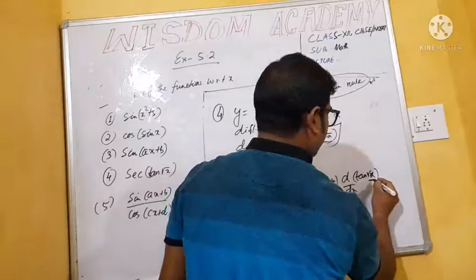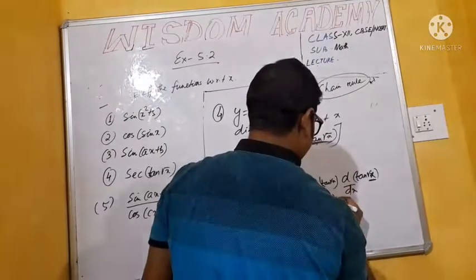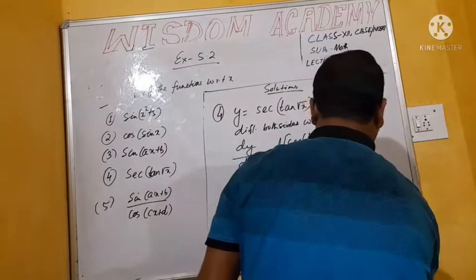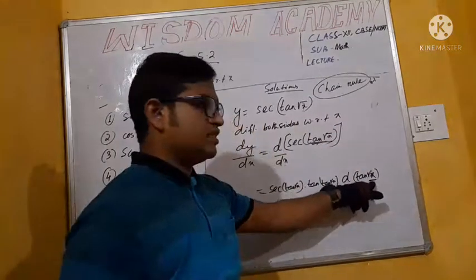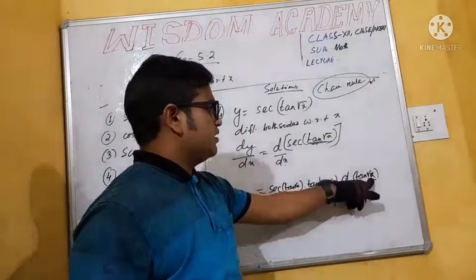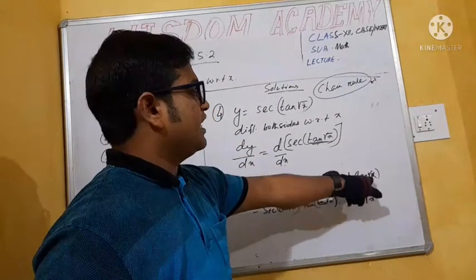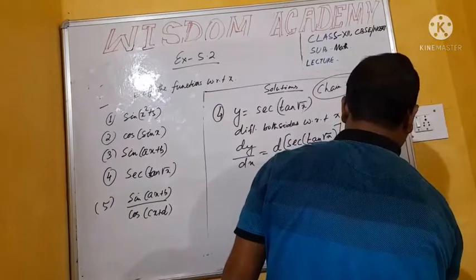You consider root x as x. So what is the derivative of tan x? It is sec square x, that means sec square root x. Here it is not x, so again the derivative of root x with respect to x.